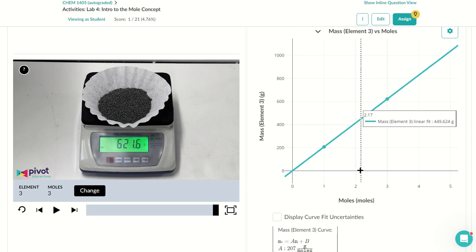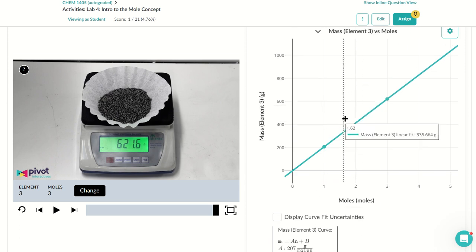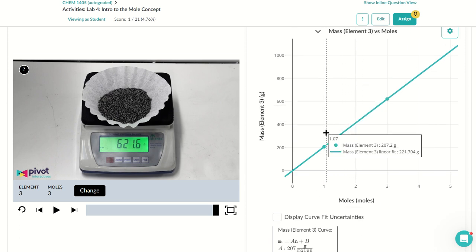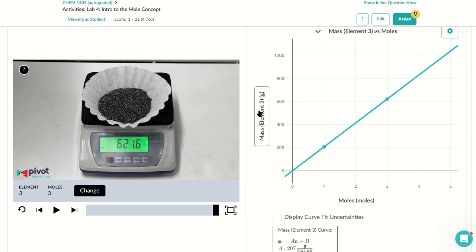Let's think this through. So we know that slope is calculated by taking the change in y divided by the change in x. And if we look at these units, it's basically g, right, which is our y, divided by, in other words, over, rise over run, remember, from algebra, g over mole.